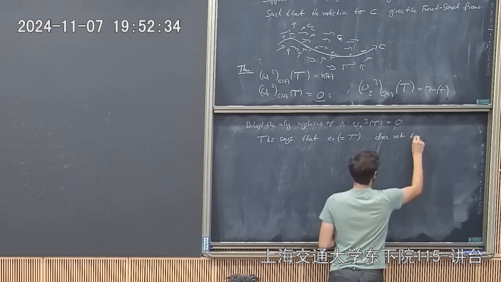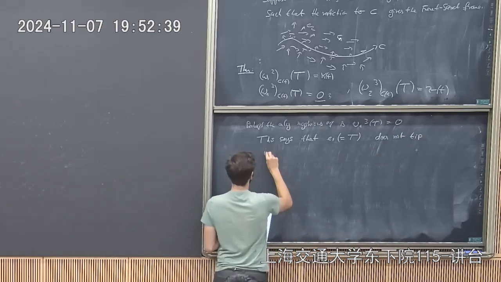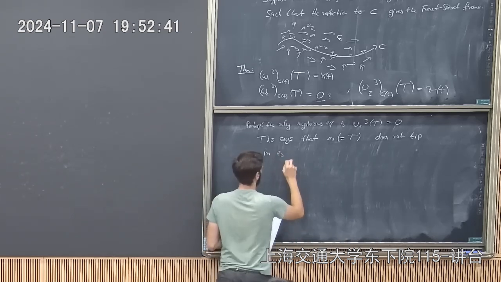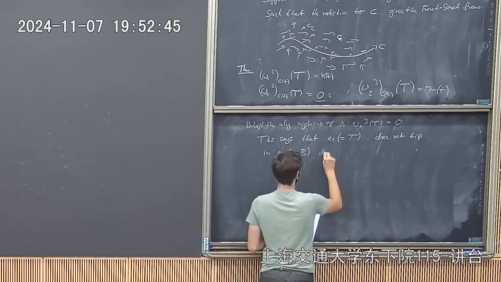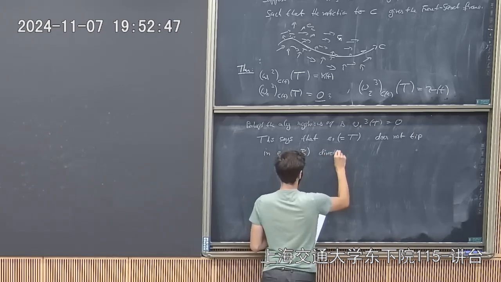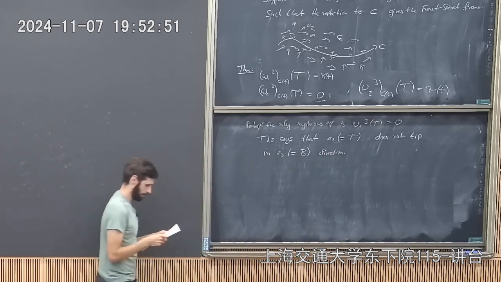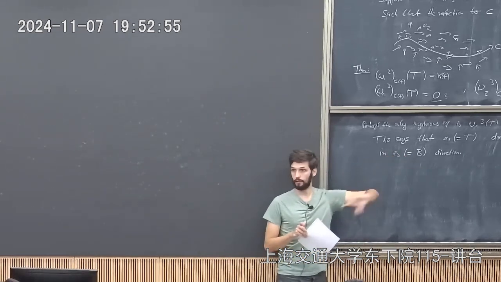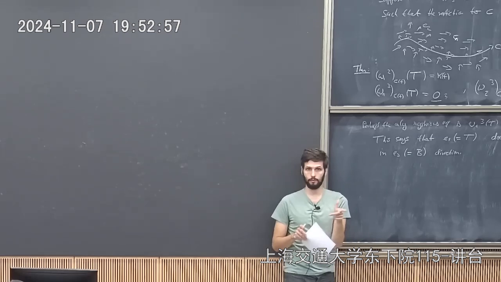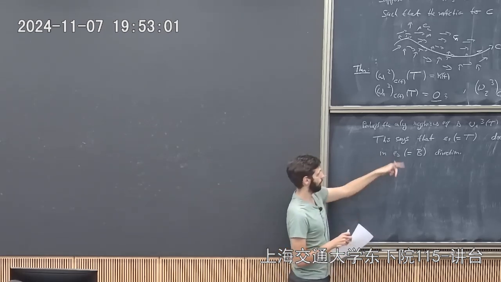It does not tip in the E3 direction, and E3 is B. And we already saw that this is the case, that T cannot tip in the B direction because we had a requirement that it's a unit speed curve.